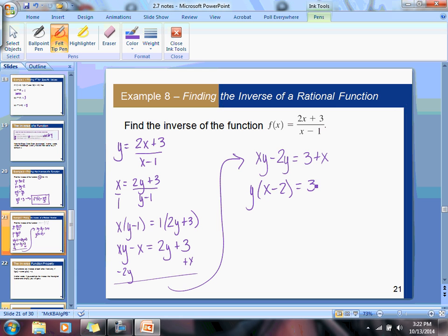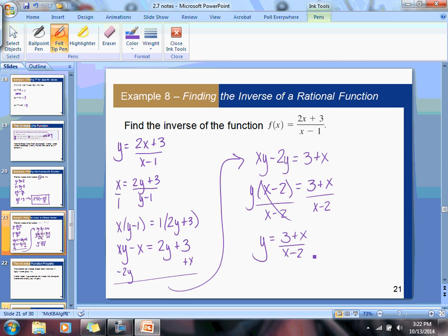So it's kind of like I'm undoing distribution in a way. And now I have 1 y that I can finish solving for. So I have to divide by the x minus 2. So y will equal 3 plus x over x minus 2.